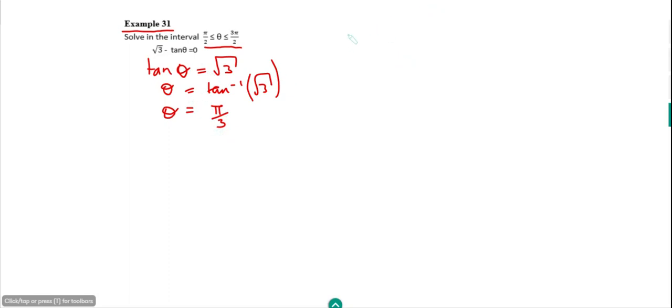So what we've got to be familiar with is the tan graph. The tan graph actually has asymptotes at pi by 2, goes through the horizontal axis at pi, has another asymptote at 3 pi by 2.